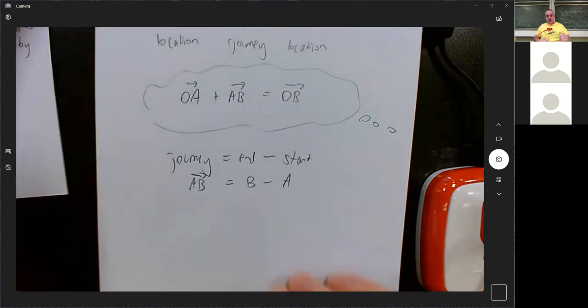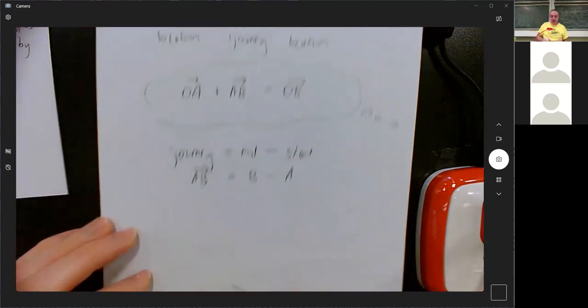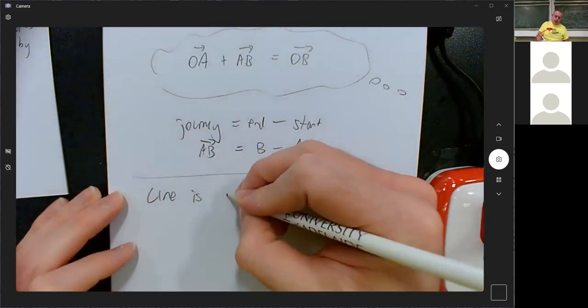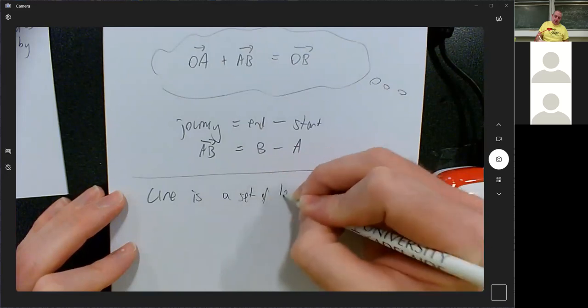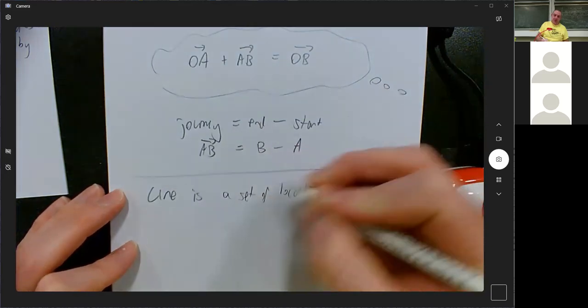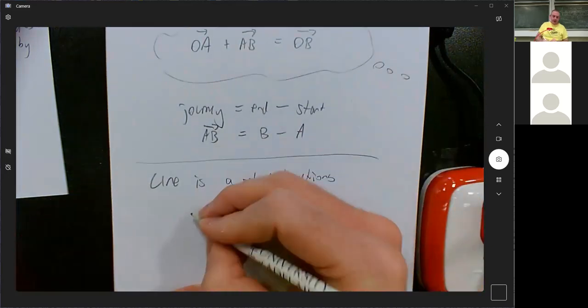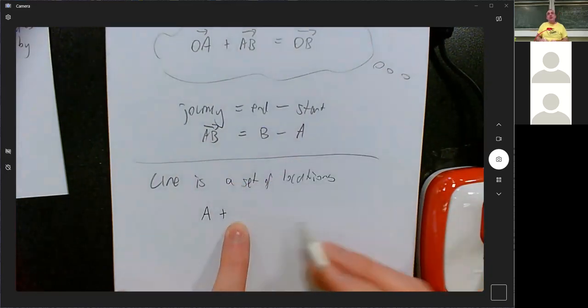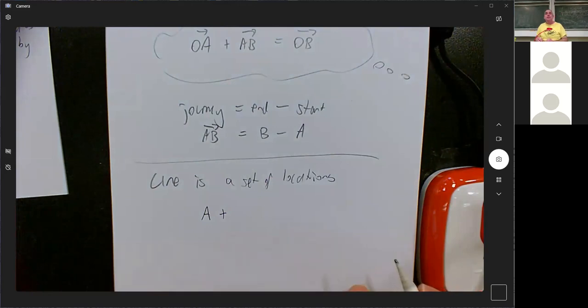Okay, so since a line is a set of locations, I can make a line as a starting point plus all the possible different journeys that get to all the other points on the line.